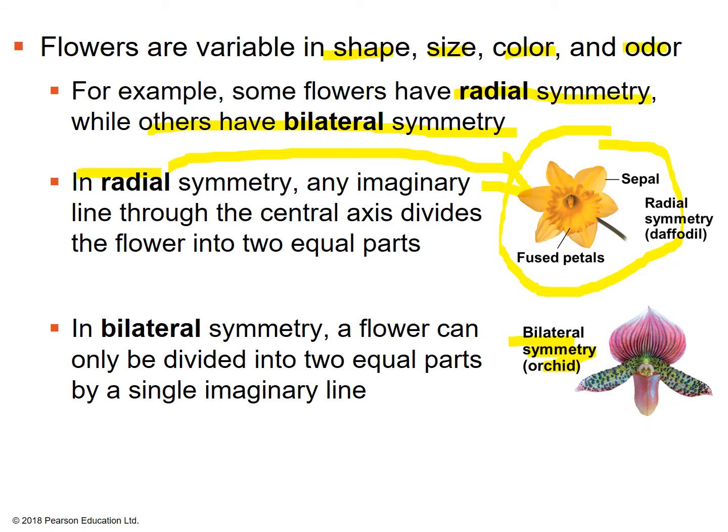Here we have more than two equal parts. In bilateral symmetry, the flower can only be divided into two equal parts by a single imaginary line.